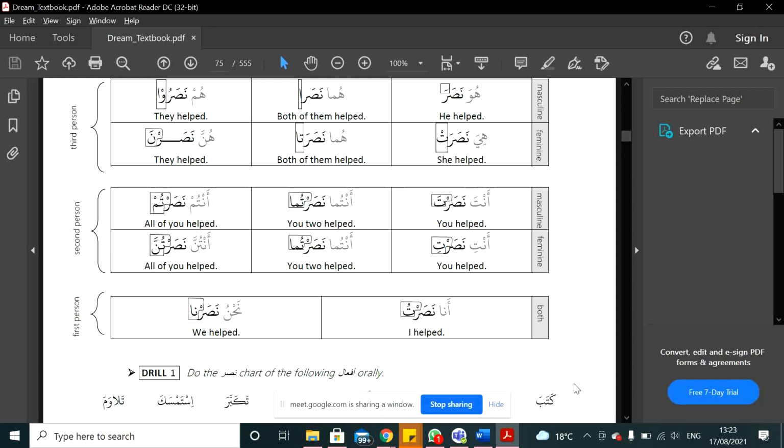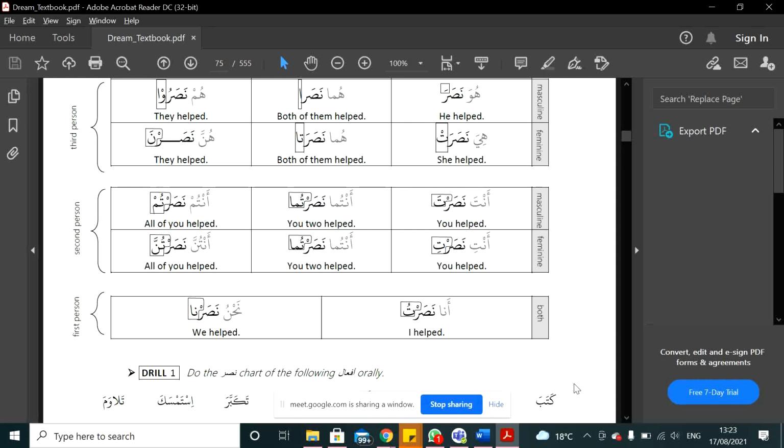They felt proud. Anta takabbarta, because there's a fatha on the last letter. Yeah, anta takabbarta. You felt proud.